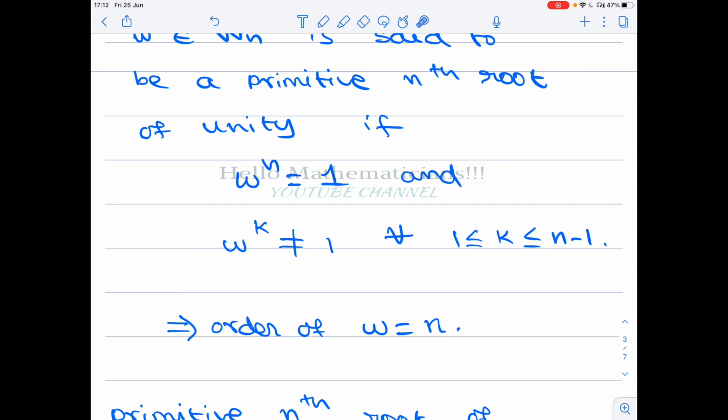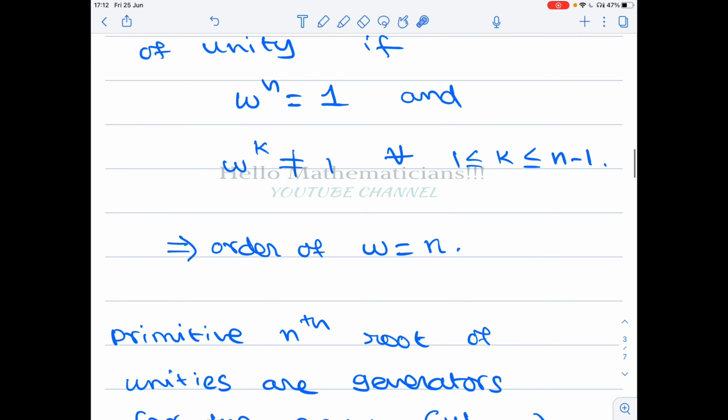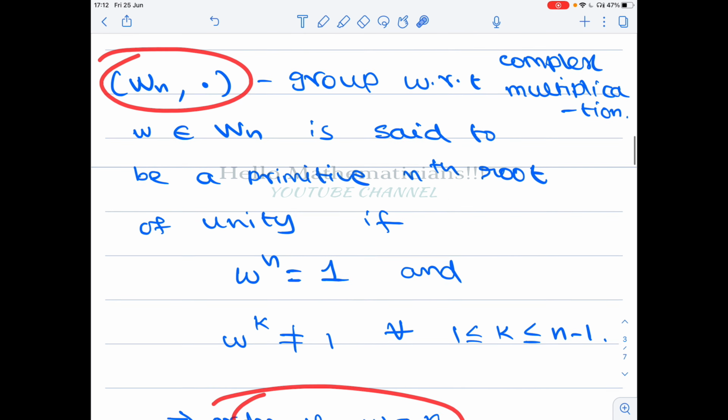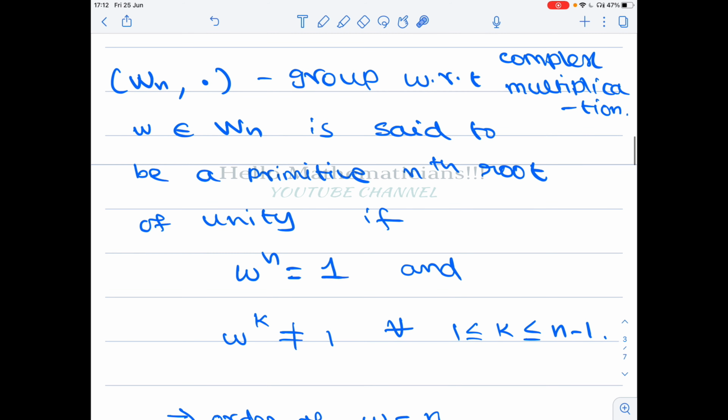So n is the least number satisfying this condition. Therefore, the order of the element W in the group Wn is equal to n. So it is a group of order n and has an element of order n. Therefore, the set of all nth roots of unity forms a cyclic group of order n.